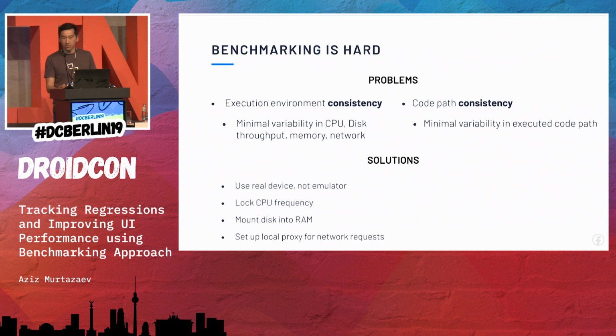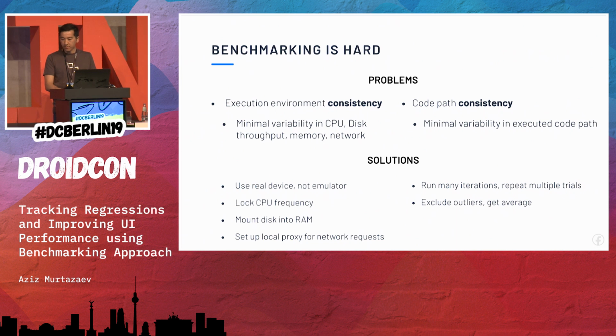For network requests, we can set up a proxy so that it always gives the same network results at the same time. For code path consistency, to have stable results, you run the same code many times, repeat multiple trials, and then you can exclude outliers and get the average, and so on.